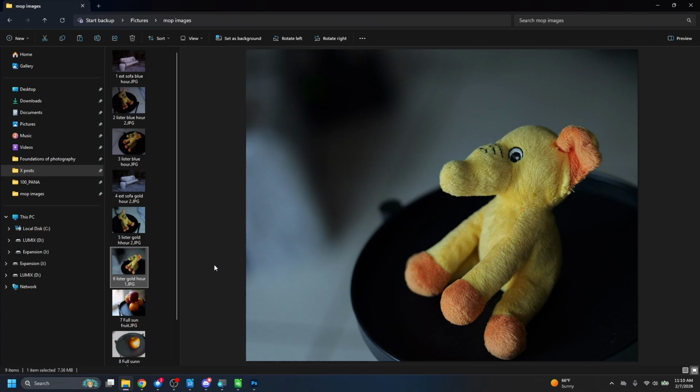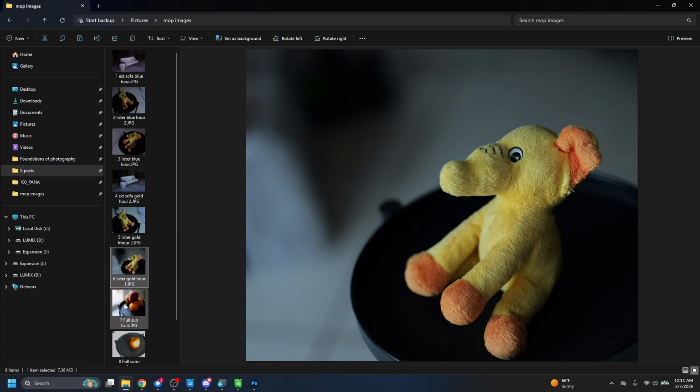Now, all of these were set with white balance set on sunlight, and these were all shot on the Panasonic Lumix S1R Mark II using the 50mm f1.4 S Pro lens, and they were shot at f1.4.